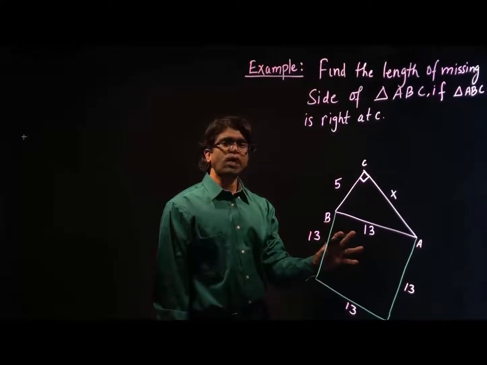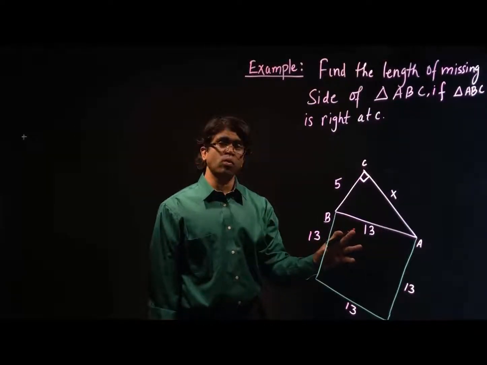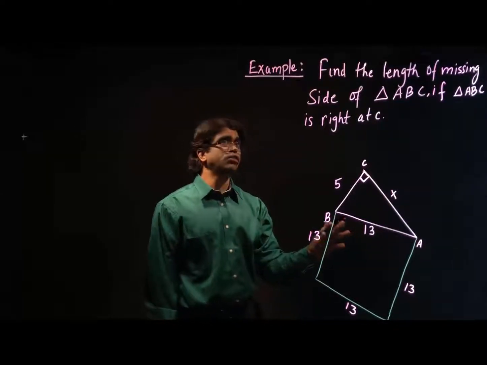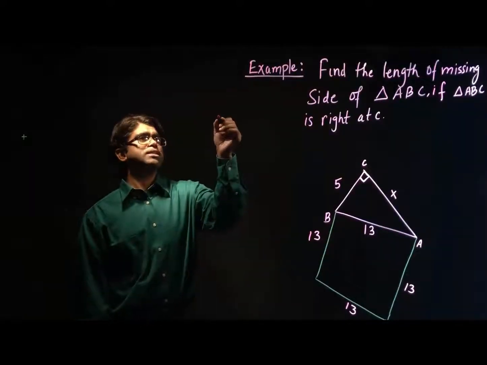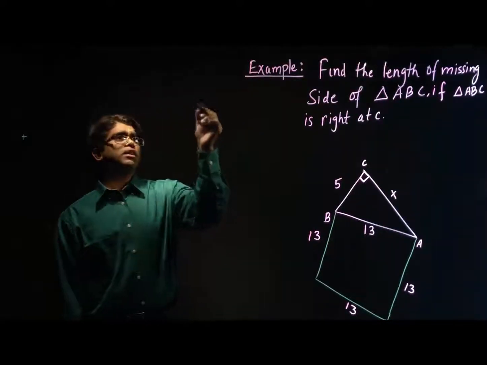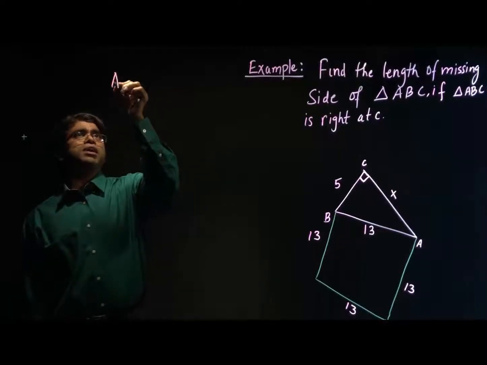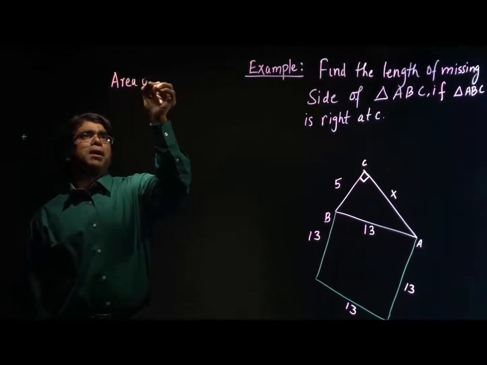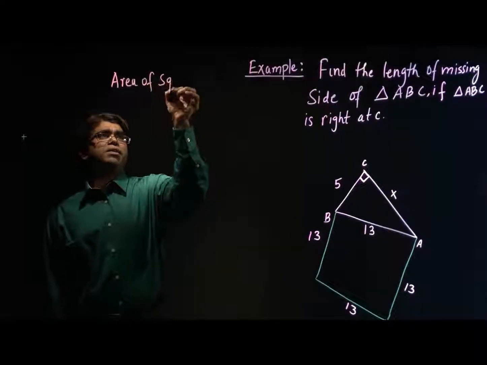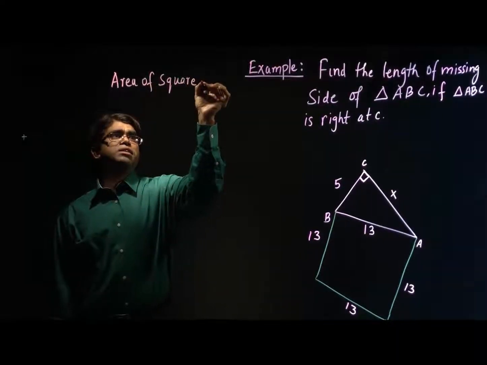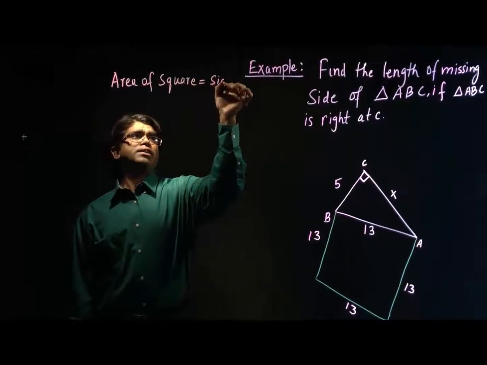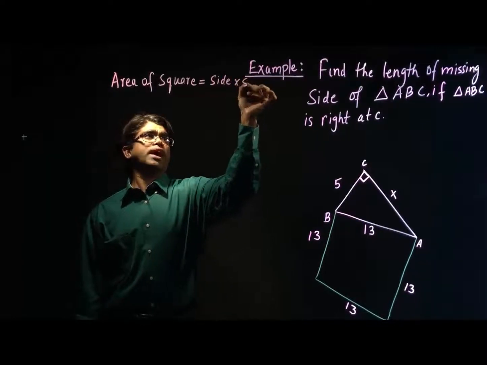So if I want to find the area of this square, what can I do? I can use the formula: area of a square is side times side.